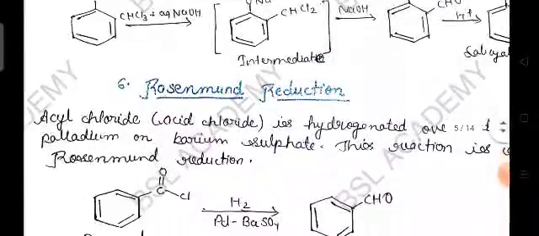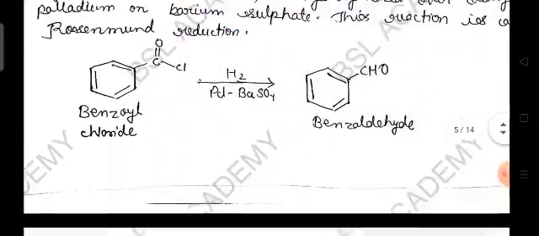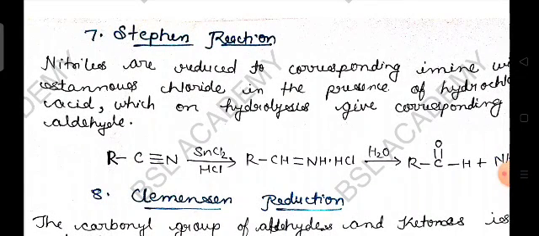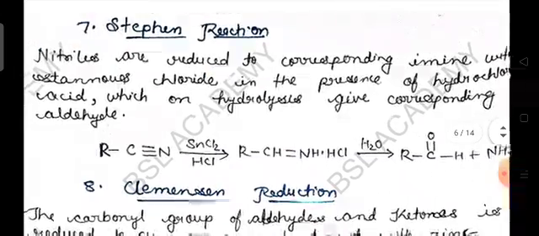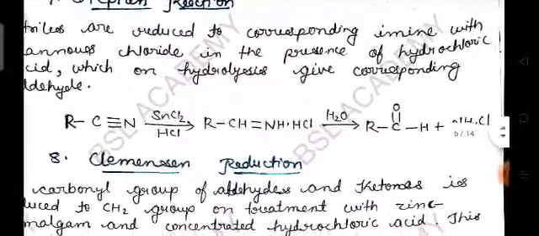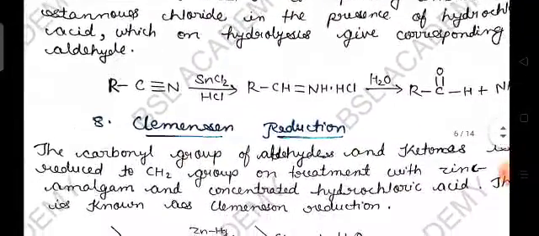Now next, Stephen reduction. Like the Rosenmund reaction, this is also a reduction reaction. Here you can see nitriles are reduced to the corresponding imine with stannous chloride in the presence of hydrochloric acid, which on hydrolysis gives the corresponding aldehyde.